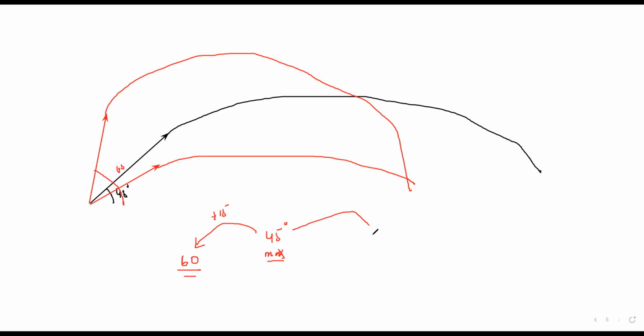And if we subtract 15 from this, 45 minus 15, that's equal to 30. So if we add and subtract the same angle from 45, like 15, we get angles 60 and 30. So the range of a projectile will be the same at 60 and 30. The vertical heights will be different, but the range will be the same. But the maximum range is when the launching angle is 45.